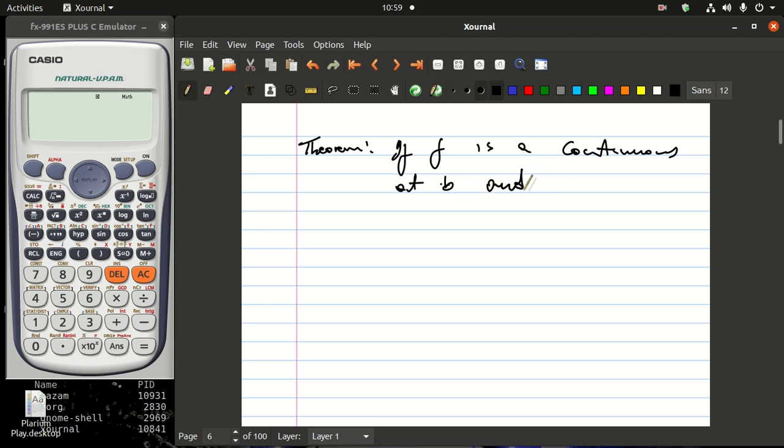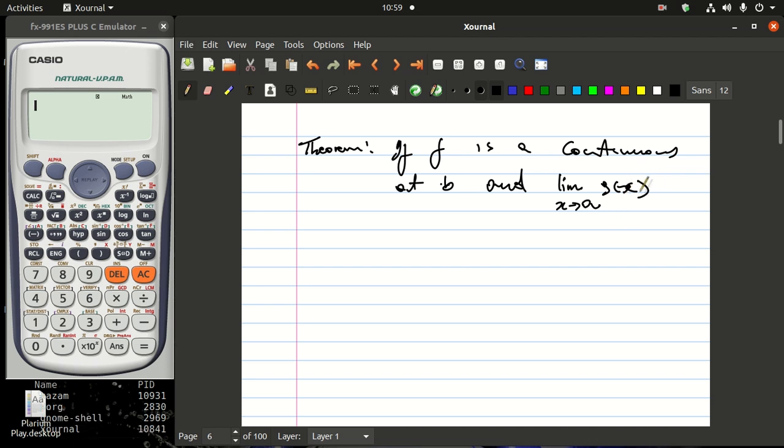And we know that the limit as x approaches a of g of x, what is actually happening here, so of g of x.